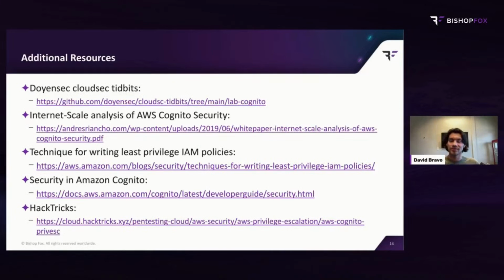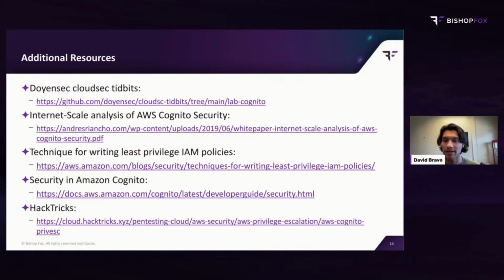Additional resources. So I did not create or invent this knowledge. This is very much a collection of resources, things I stumbled upon as I've been learning myself about AWS Cognito and trying to figure out ways that I can exploit it.